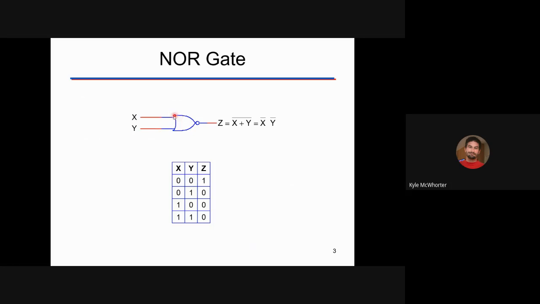So what happens is the X and Y go into the OR part of the gate and they get ORed together, so X or Y. And then the bubble goes over the top of both of them for the inverter. And then this just reminds us that, was it theorem 21, that you can break apart inverters like this, break the line, change the sign. So this is your NOR gate.